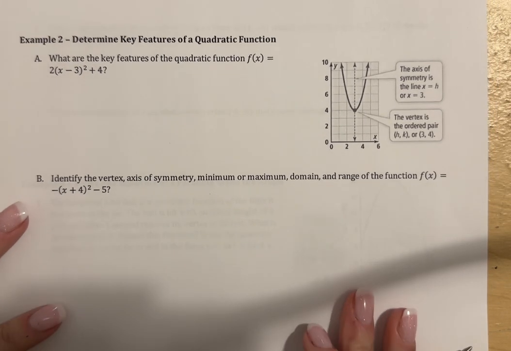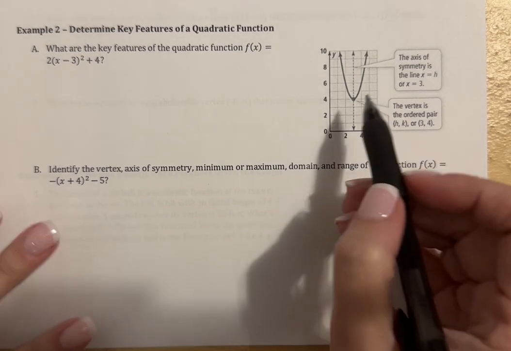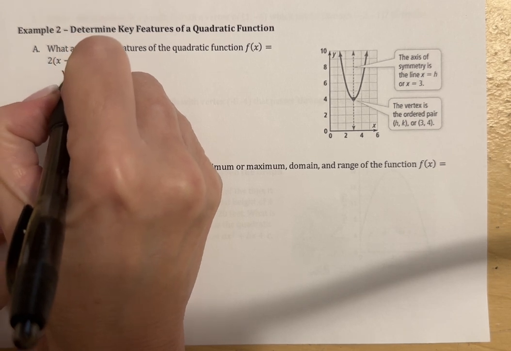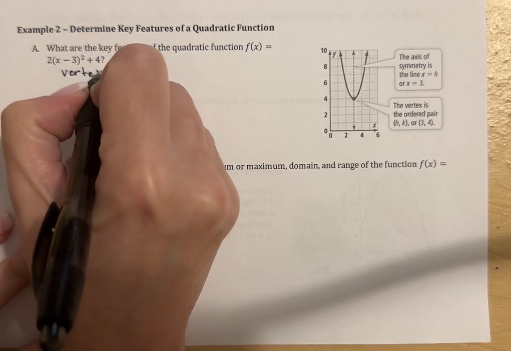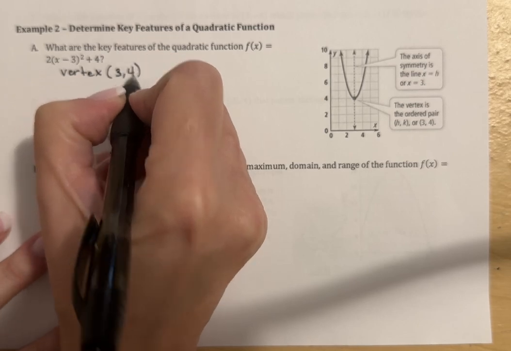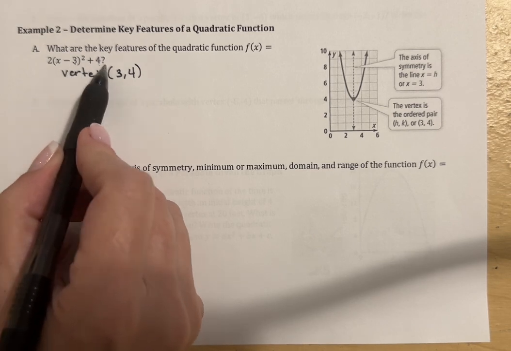So let's talk about some key features of a graph. First thing I want to note to you is your vertex. Your vertex is right down here at the bottom, and it looks like it's 3, 4. There's my vertex.